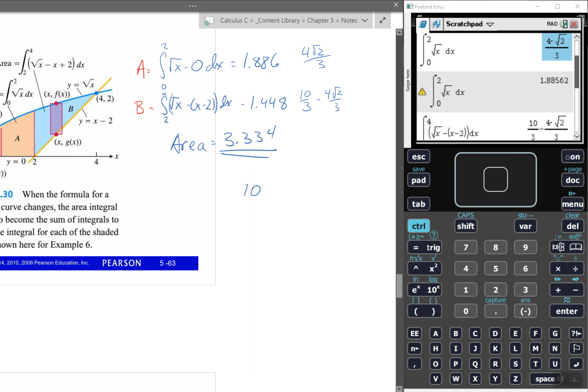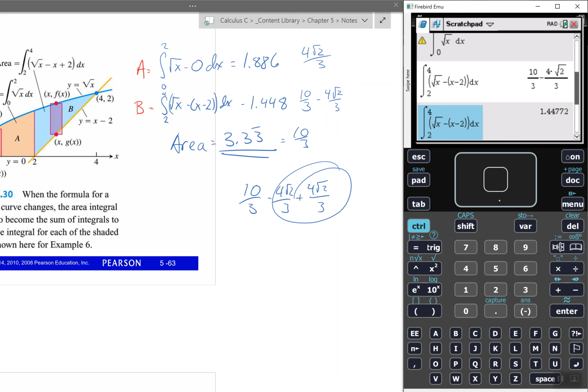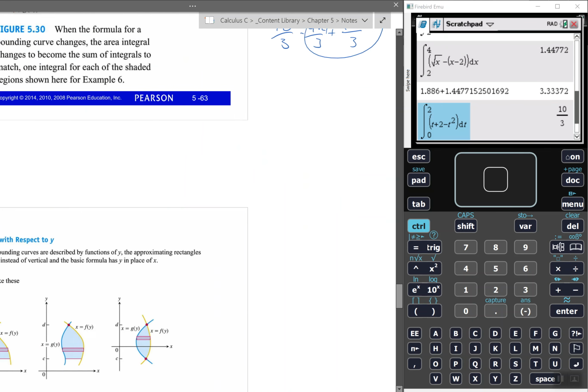So if we put those together, 10/3 minus 4 radical 2 over 3 plus 4 radical 2 over 3, these would cancel out and we would get 3.3 repeating, or 10/3. And our calculator yelled at us right here. It gave us that exclamation point on this line saying, hey, this is an approximate answer, be careful, and I didn't pay attention to it, so that's on me. But our exact answer for that was 10/3, and then we do this integral with respect to y, and we see the same answer of 10/3.